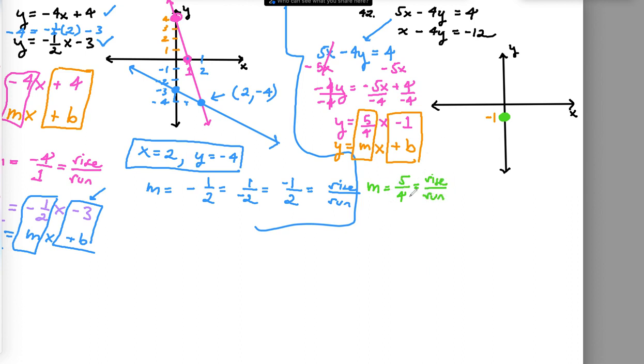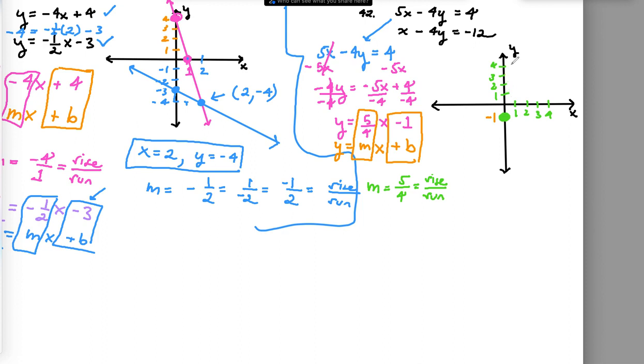I use this slope to get another point. I go up 5: 1, 2, 3, 4, 5.